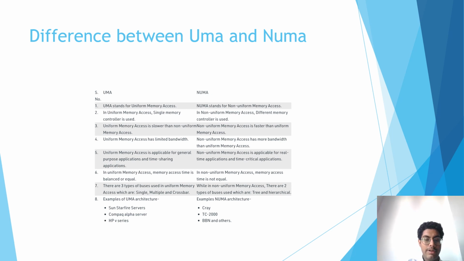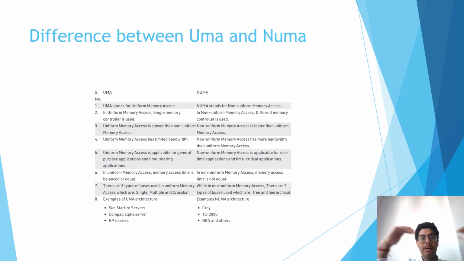In uniform memory access, time is balanced or equal. In non-uniform memory access, access time is not equal. Yes, we can reach some memory faster and some other memory slower, but in UMA it is balanced for each and every memory.